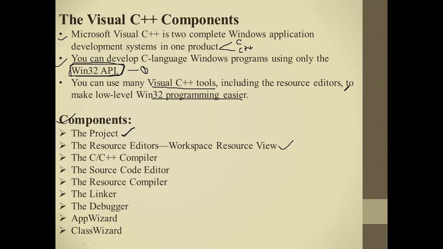Fine. Next, as we know, the programming language used for developing this is either C or C++. So we will have a compiler for C as well as for C++. The user can choose either language, and the compiler is used to compile our programs. Then there is a fourth component known as the source code editor.